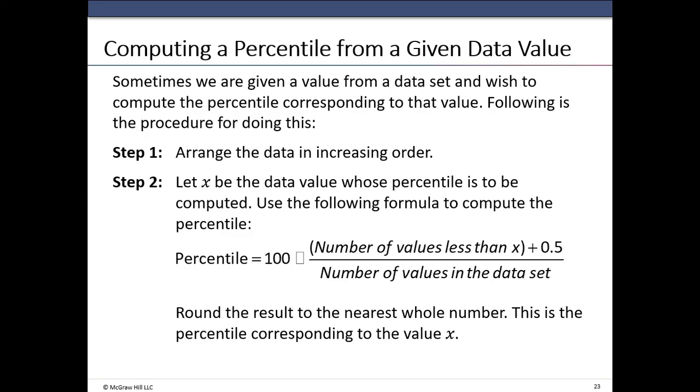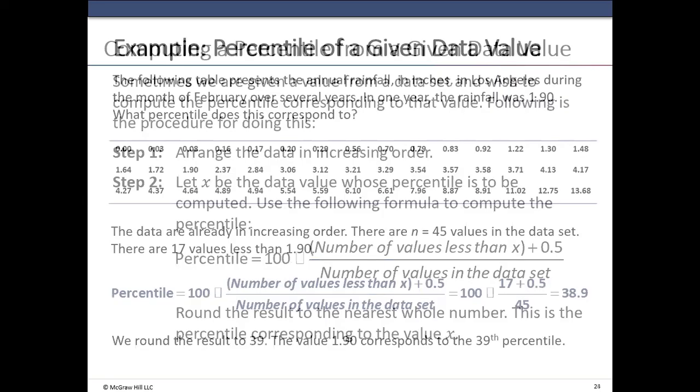So we find out how many values are below x. We have arranged the numbers from the lowest to the highest, locate the x, which is a particular value in the data set, count how many numbers are below x, then add 0.5 to it and divide by the total number of values in the data set and multiply it by 100. That will give you the percentile.